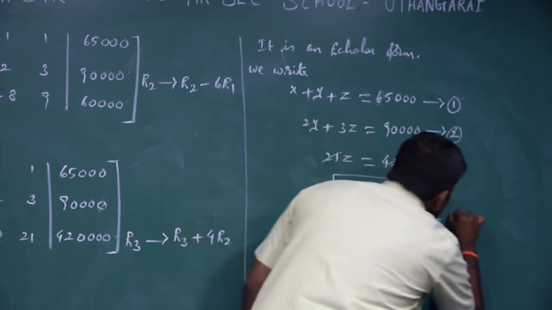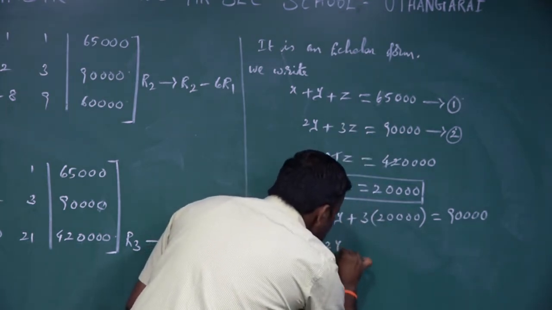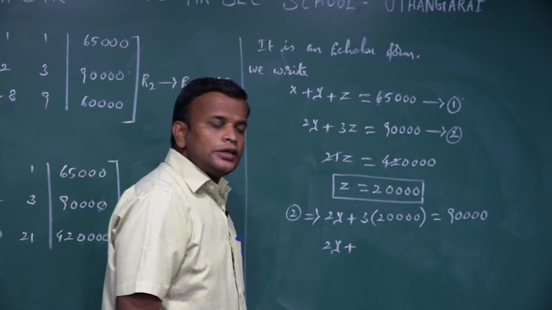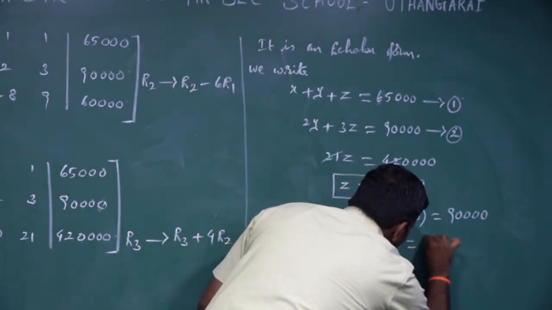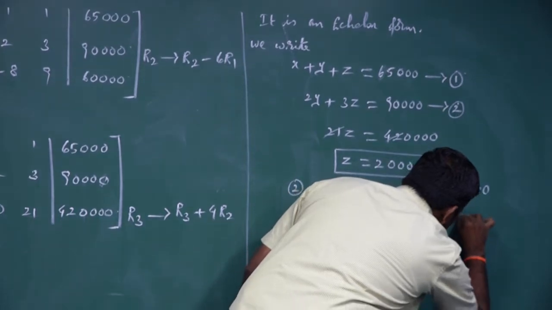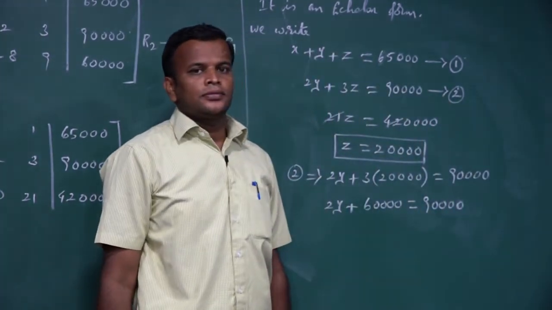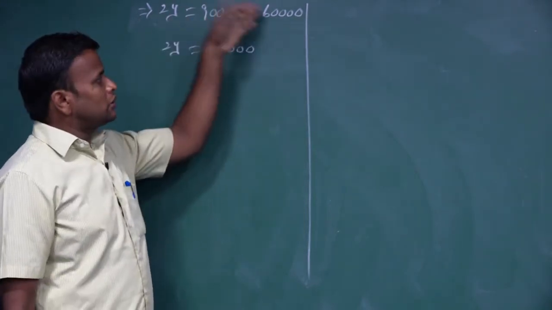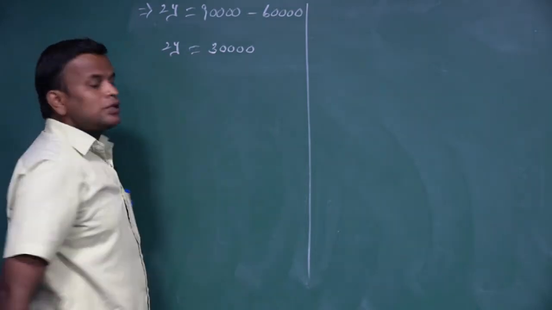Is equal to 90,000. 2y plus 3 into 20,000, which is 60,000, is equal to 90,000. 2y is equal to 90,000 minus 60,000. That is, plus 60,000 becomes minus 60,000 on the other side. So 2y is equal to 30,000.